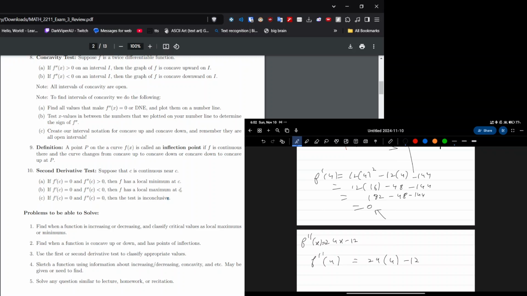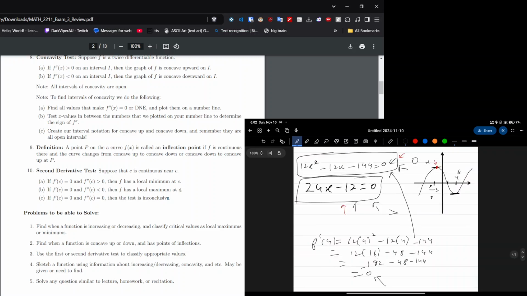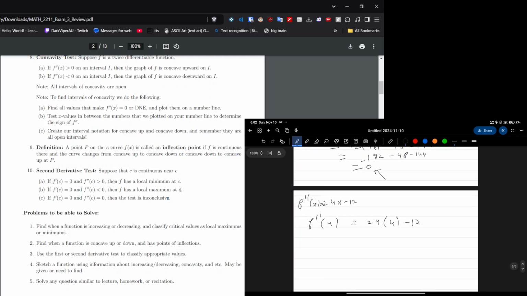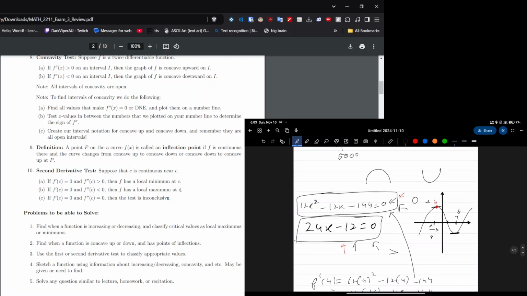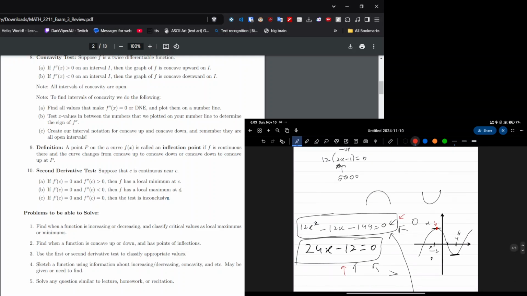So 24 times 4 is 96. 96 minus 12 is 84, which is a positive result. That means at this point it should be concave up, and indeed at 4 we can see that the shape is concave up, and it is at a local minimum. It is at a slope 0, so it's definitely a local minimum.